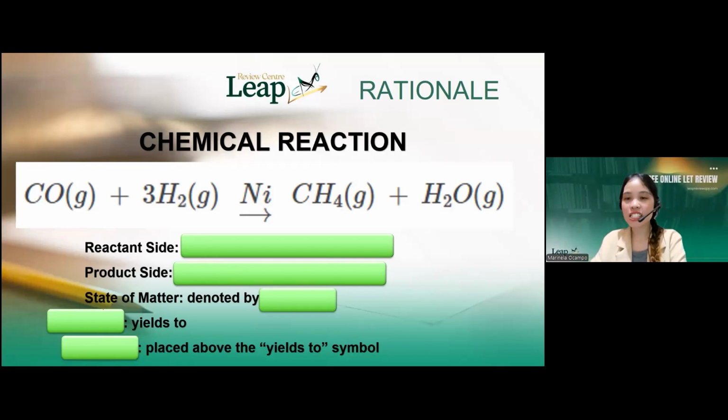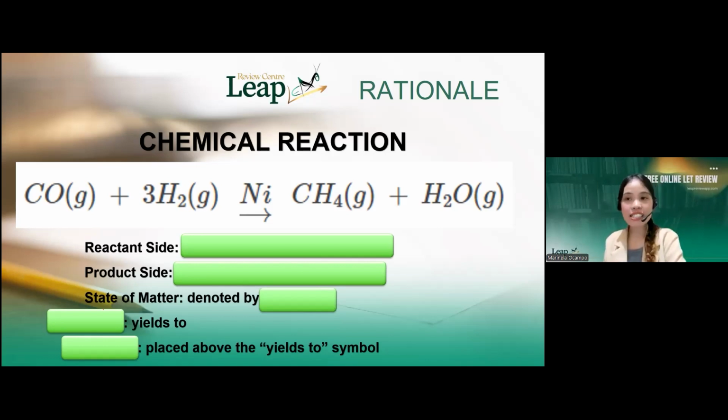For the reactant side, can you please type in the reactants used in this chemical reaction? Please type in your answer in the chat box if you know the answer. The reactant side is actually the left portion of the chemical reaction.